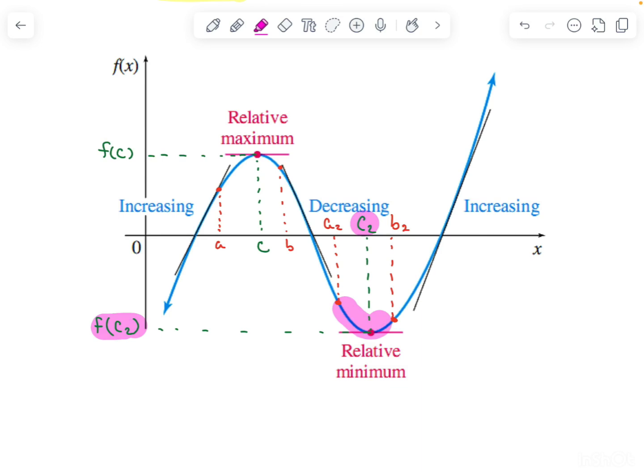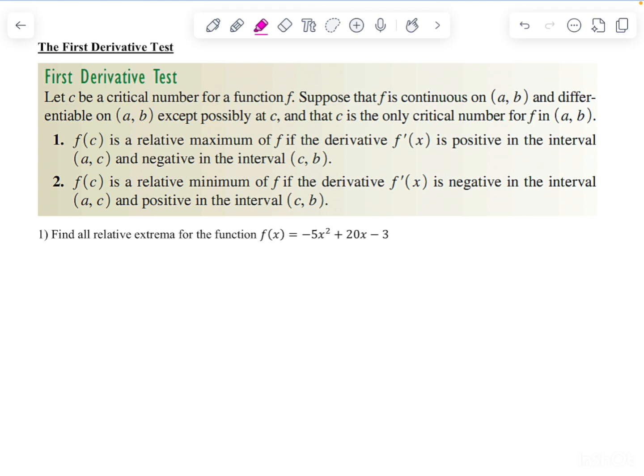Now I'm going to introduce the first derivative test. The first derivative test states the following. Let c be a critical number for a function f.